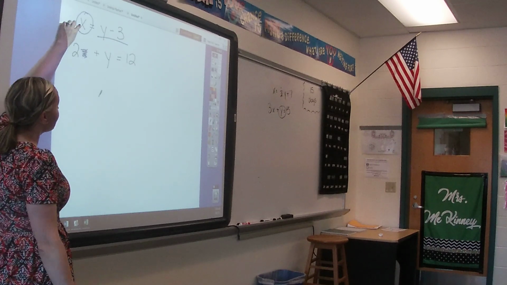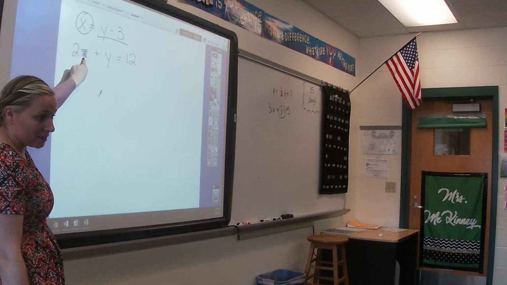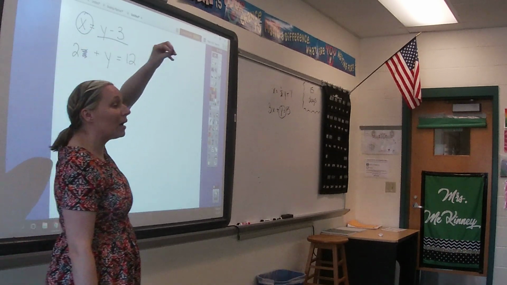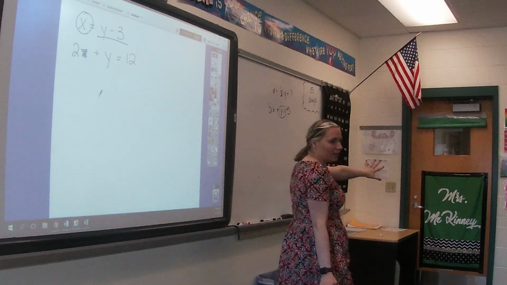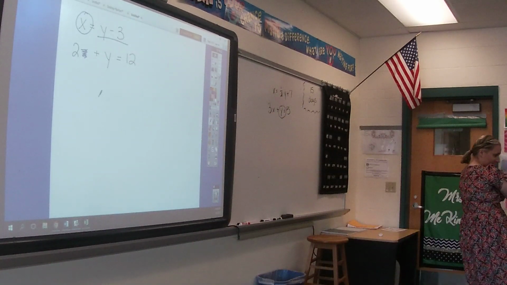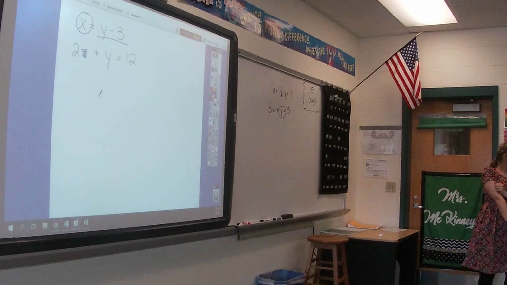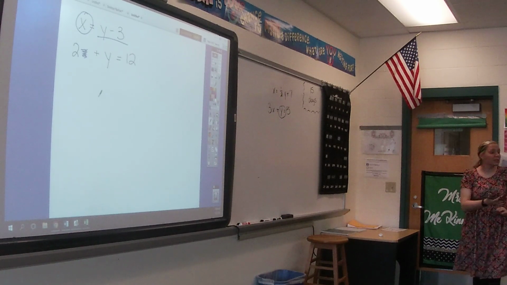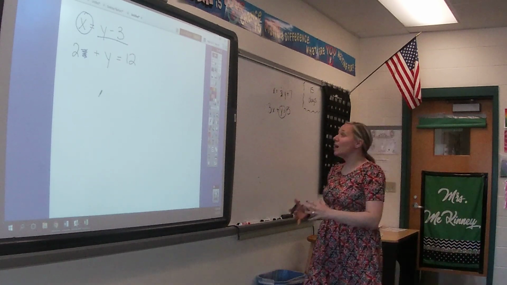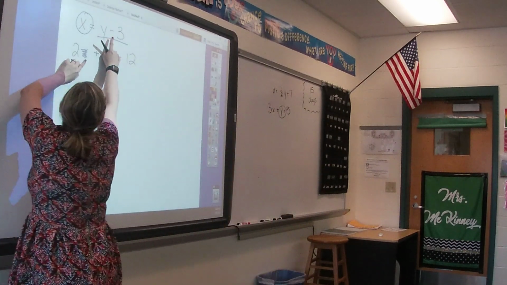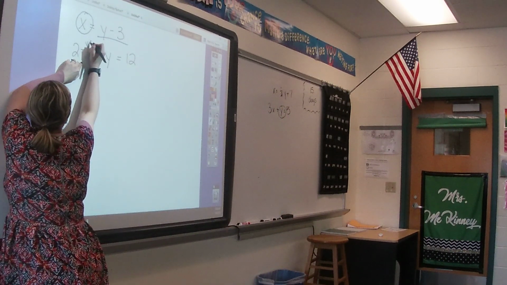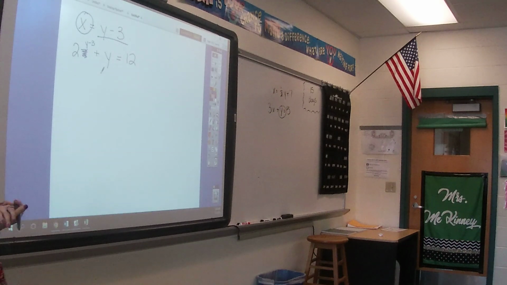I circled an X, I'm crossing out an X. You cannot scribble out or cross out anything other than the letter. Okay, and in its place, we're going to fill in the underlined stuff. We underlined y minus 3.